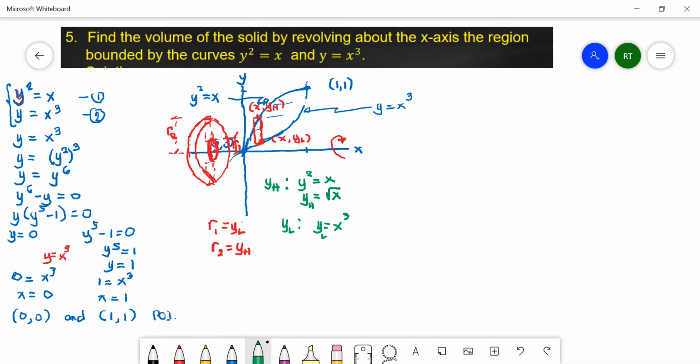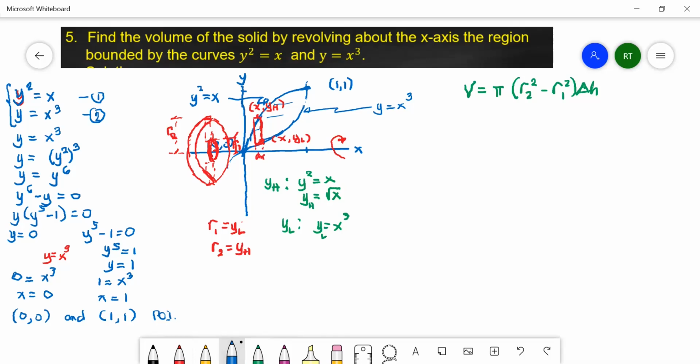Okay, now since we will use the ring method or the washer method, it will be based on the volume of the washer. The volume of the washer is pi times R2 squared minus R1 squared times the thickness. Of course, the thickness of the element is the differential of x.